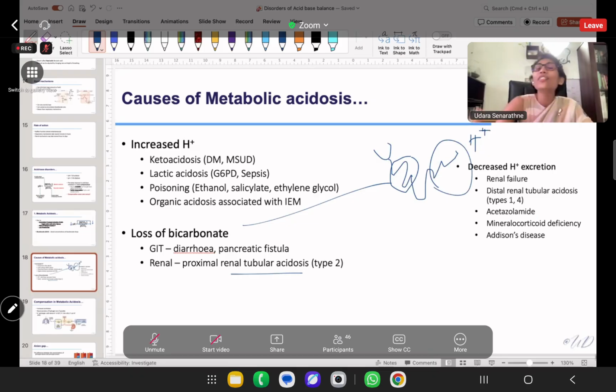And then you can have decreased H+ excretion, mostly because renal functions are affected, and how renal functions are affected can be different.